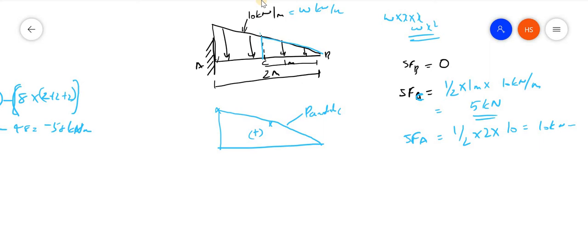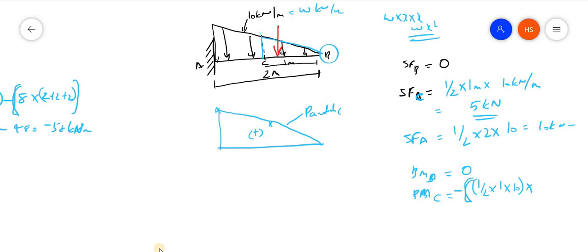Now considering the bending moment. Bending moment at B will be 0. Now the bending moment at C: that is minus of load into perpendicular distance. The load is half into base into height, and it acts at the centroid.